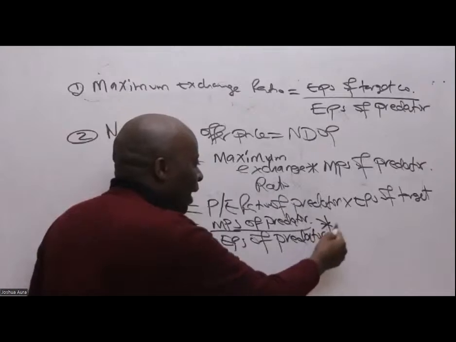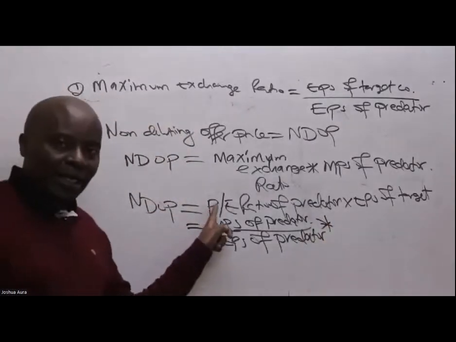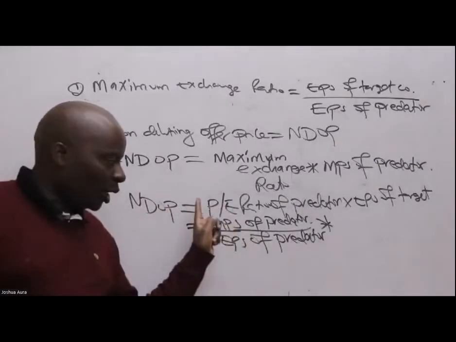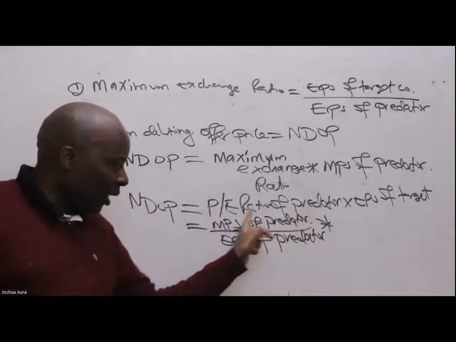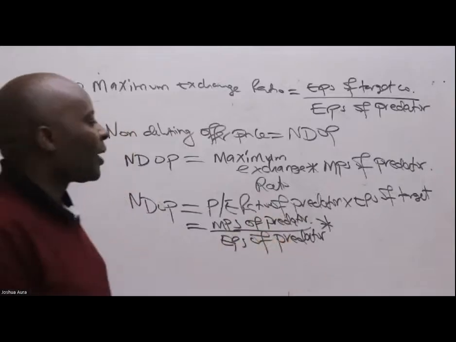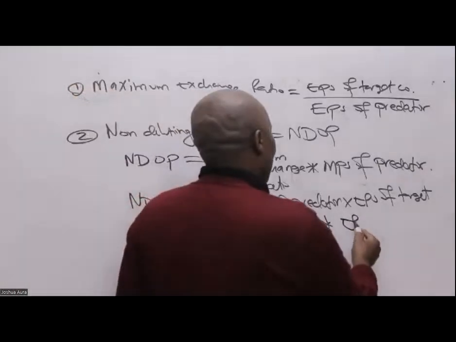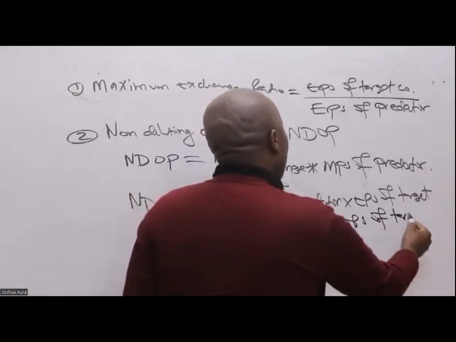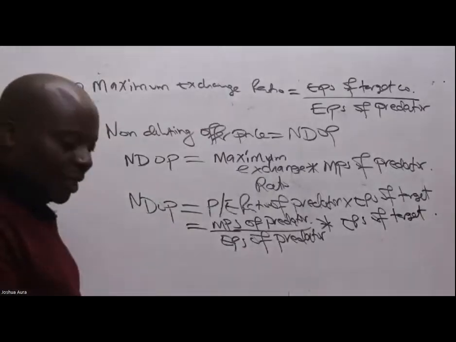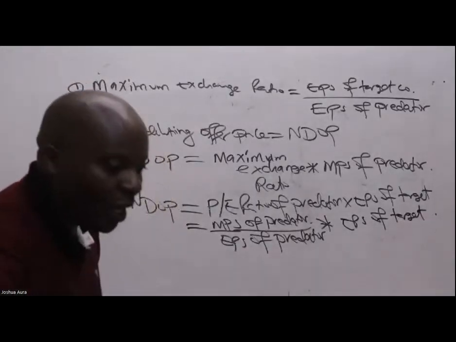Price earnings ratio. So it's price of the predator over earnings of the predator, times EPS of the target company. And then you remember very well in our last class what we said, you and I.